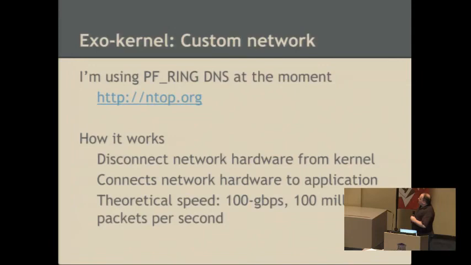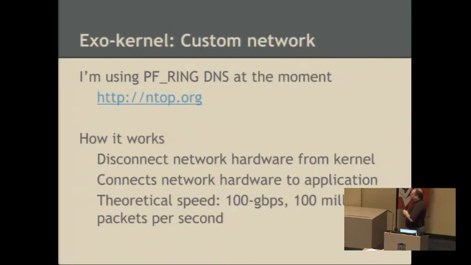And how it works is pretty simple. It replaces the existing driver with its own. And that driver disconnects the network hardware from the kernel. So the kernel thinks of it as some unknown device rather than a network device. And then it connects it directly up to a user mode application. You have a shared library that you use, and you call functions in the shared library to receive packet or transmit packet, and it goes directly to the hardware.